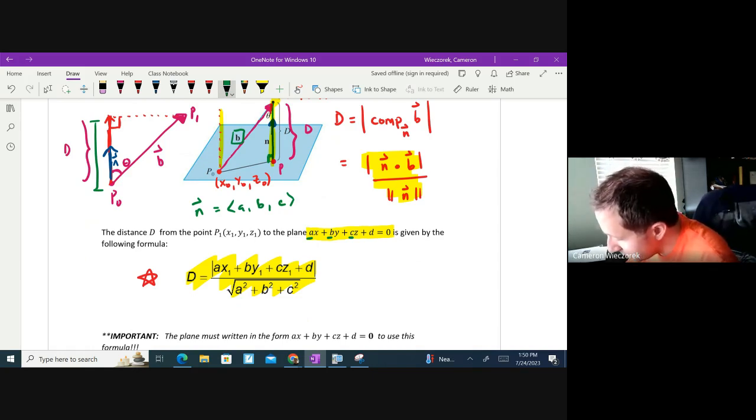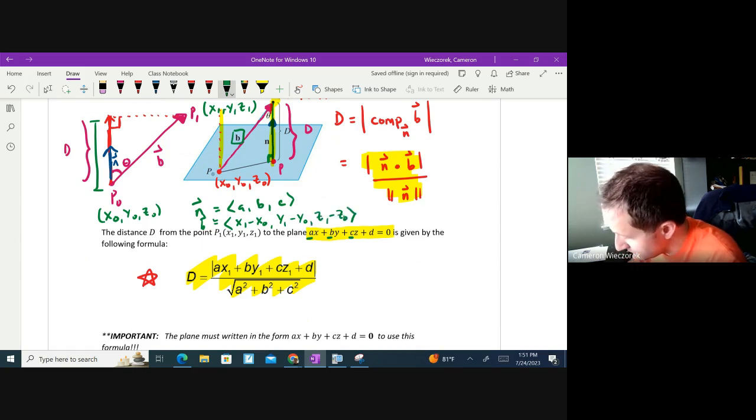And I know vector B, if this coordinate P naught has coordinates x naught, y naught, z naught, and this coordinate P1 has coordinates x1, y1, z1, then vector B would be given by the difference in those coordinates. So x1 minus x naught, y1 minus y naught, z1 minus z naught. And so I'm going to take the dot product of these two vectors and take the absolute value.